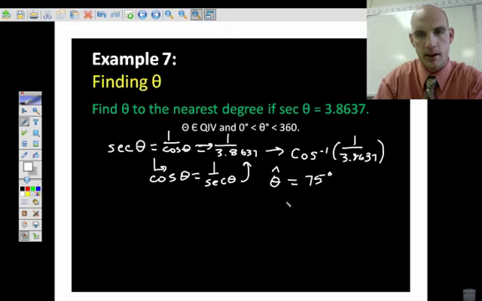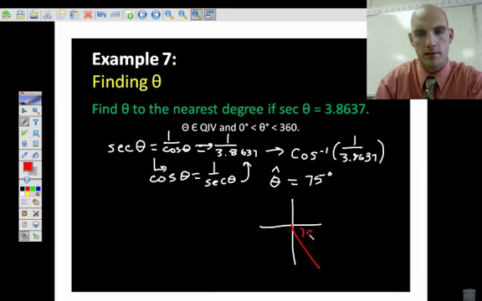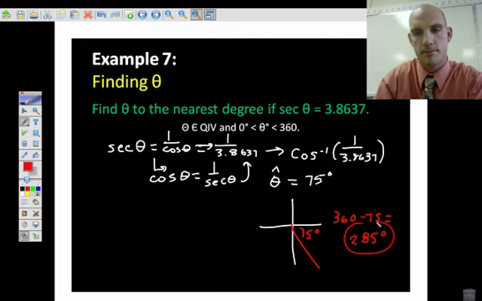And along with my line of logic from before, I've got my 75 degrees here. It's in quadrant 4. Looks something like this. So it's going to be 360 minus 75, which gives me 285. Okay? This is my theta.